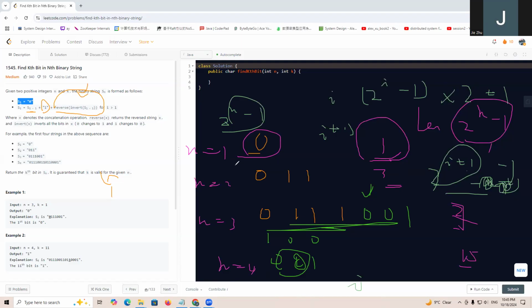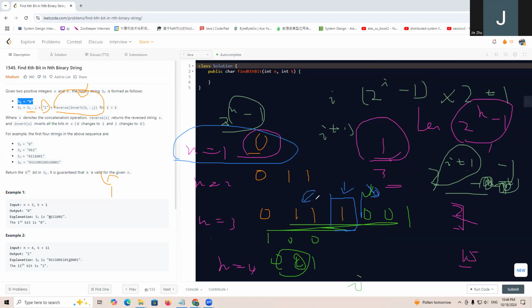The exit condition is n equals 1, which returns 0. Then for round n, k has three kinds of situations. One is that it falls in the first half, the second is that it is in the middle, and the third is that it is in the later part.